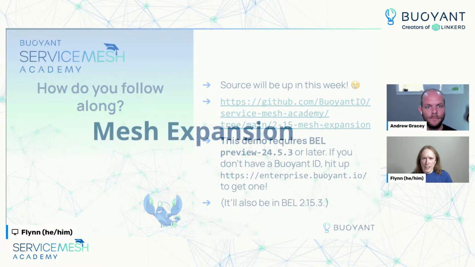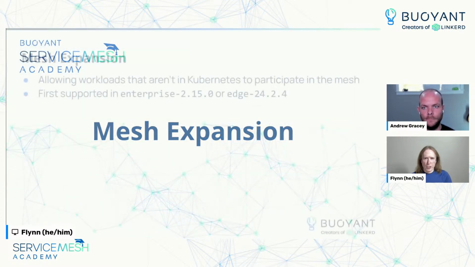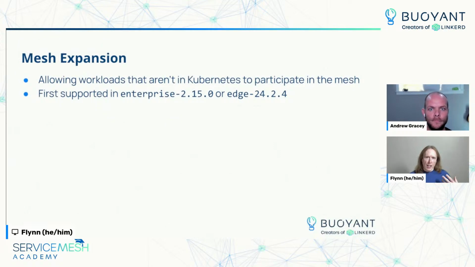On that note, let's talk a little bit about this whole mesh expansion thing. The concept is really simple. We're going to arrange it so that you can take workloads that are not in Kubernetes and allow them to still participate in the Linkerd mesh. We first supported this in Enterprise 2.15.0 or Edge 24.2.4 over on the open source side of the world.